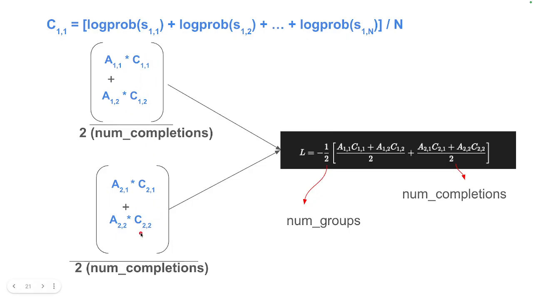For brevity, I'm not showing the others in symbols, but you basically calculate for all the sequences, and as you have two completions, you normalize by the two completions. You take the advantage of all the tokens for a prompt, and the advantage of all the tokens for the other prompt, and then you can add them through this combination where you normalize by the number of groups and the number of completions and weight them with the advantage, and this is your action space, which is basically the sum of these log probs.